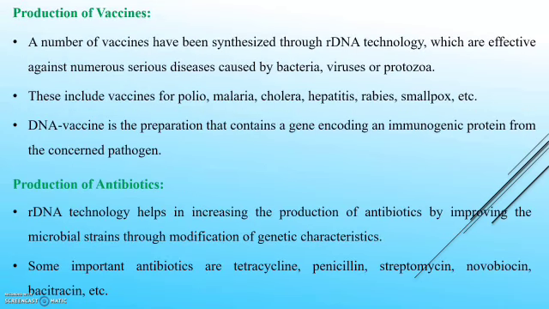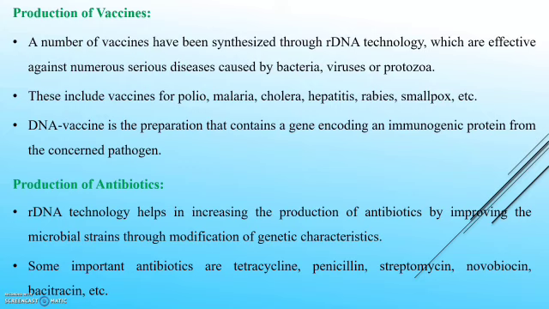And this recombinant DNA technology is also used in the production of vaccines. These vaccines are chemical preparations containing a pathogen which is weakened or in an inactive state, and these vaccines may be given to human beings or animals to confer immunity to infections. A number of vaccines have been synthesized biologically through this recombinant technology.